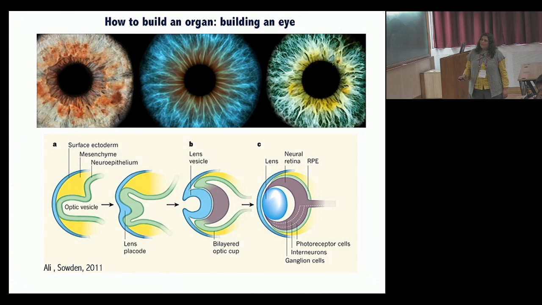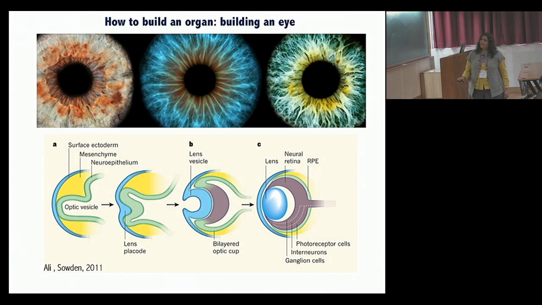But what's happening in the green structure is a little bit different in that it's now forming a more complexly folded structure, so that this actually becomes a two-layered cup at the end of it, right?